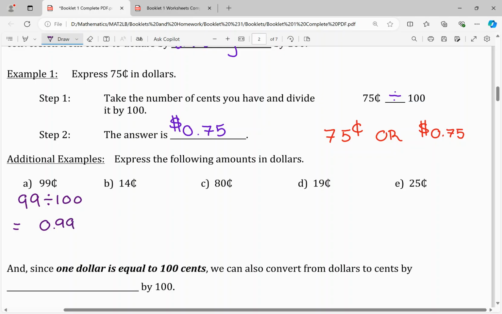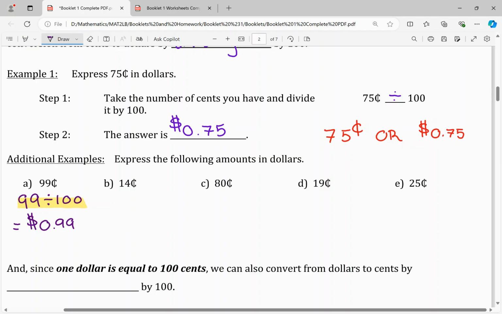Again, please make sure that if you need to, you're pulling out your calculator and typing in 99 and then the division symbol and then 100. And you'll get an answer of 0.99. In this case, it's going to be a dollar symbol, $0.99.